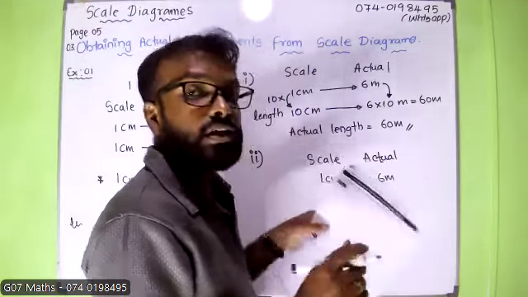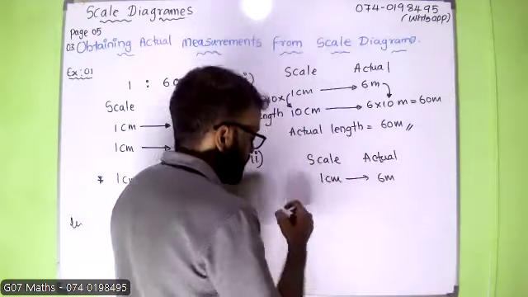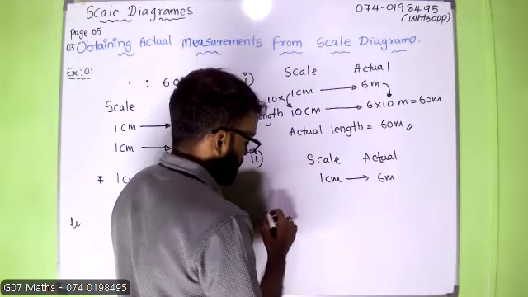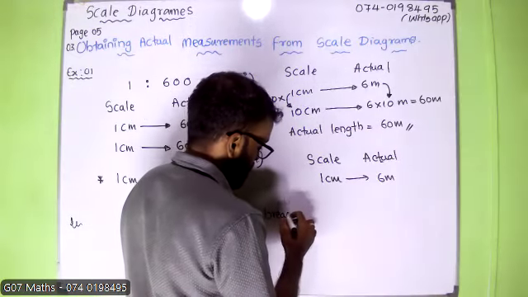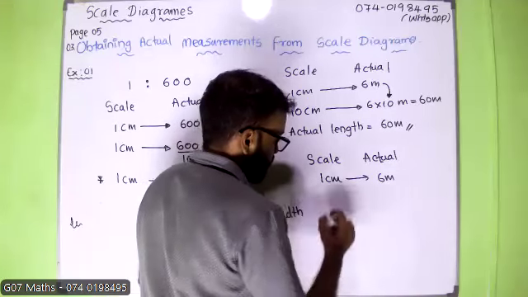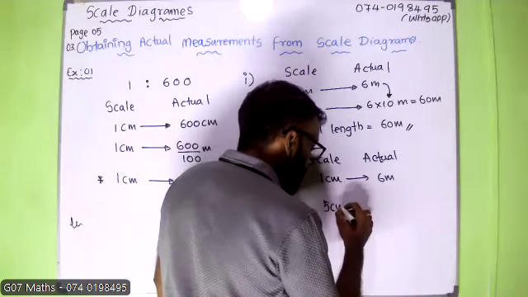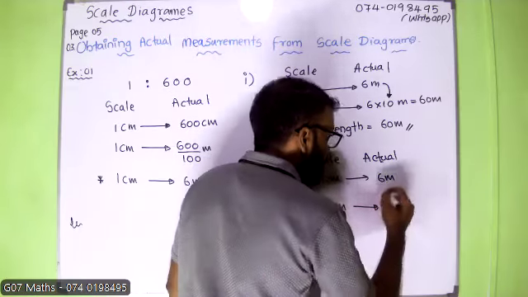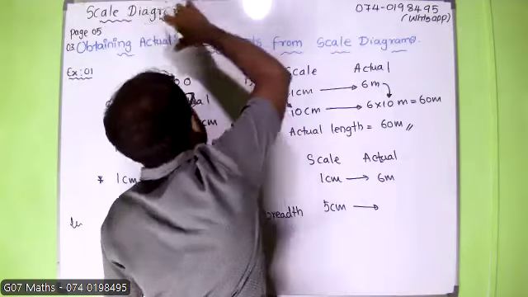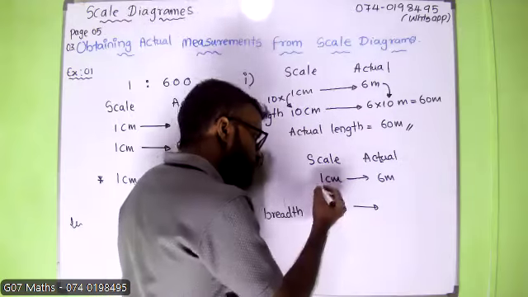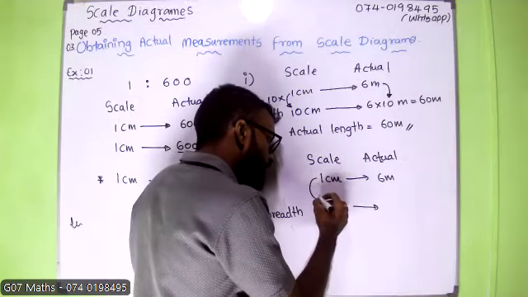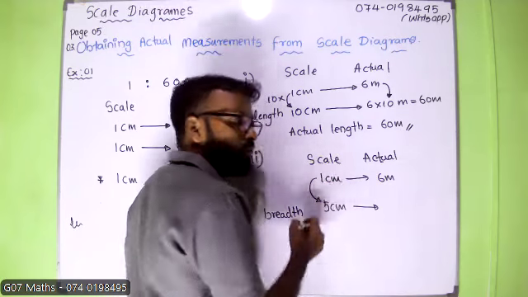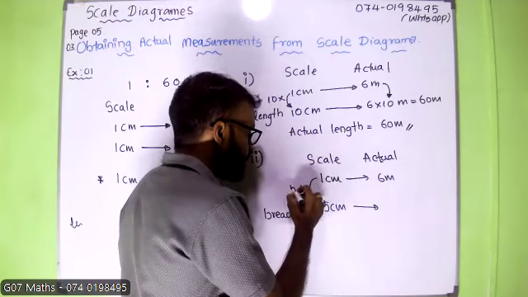My breadth is 5 centimeters in the scale length. Now we are going to find our actual measurement. You know how to obtain 5 by using 1. Multiply by 5.